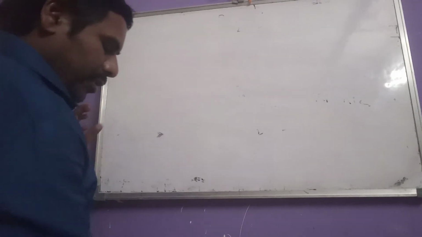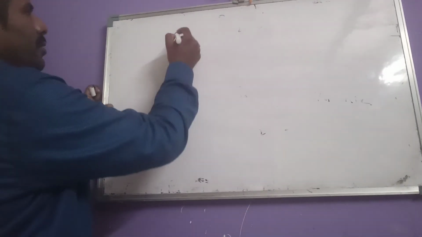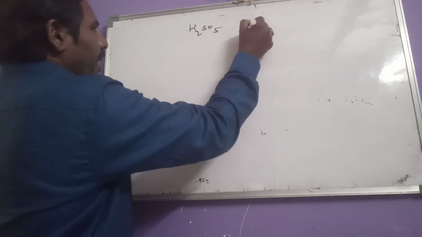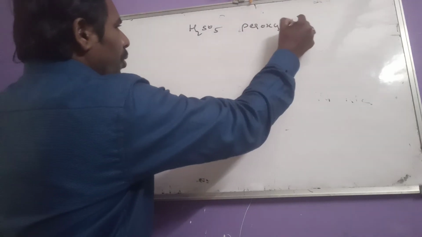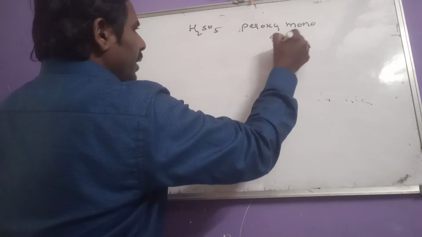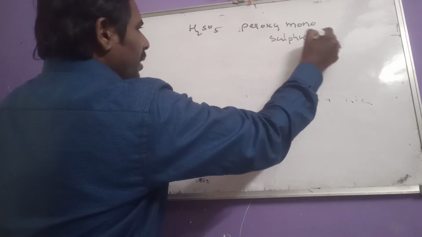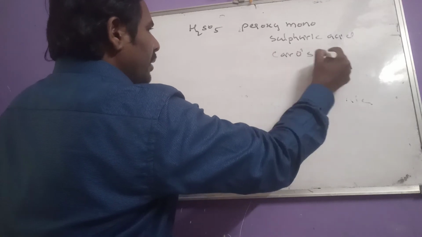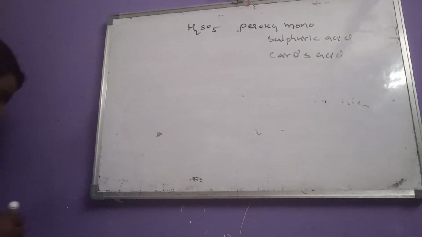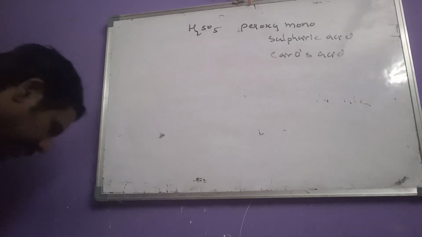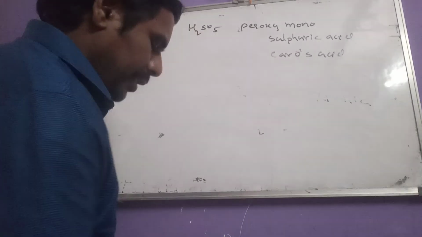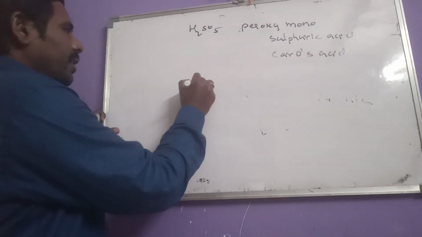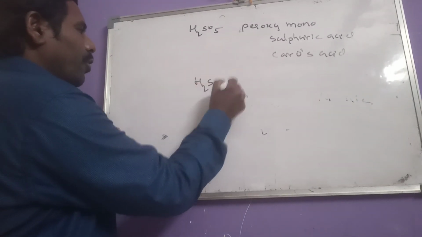What is the first one here? See the first one, H2SO5, known as peroxymonosulfuric acid, or this is also called Caro's acid. Okay, this is the first peroxy acid. Second one is H2S2O8.